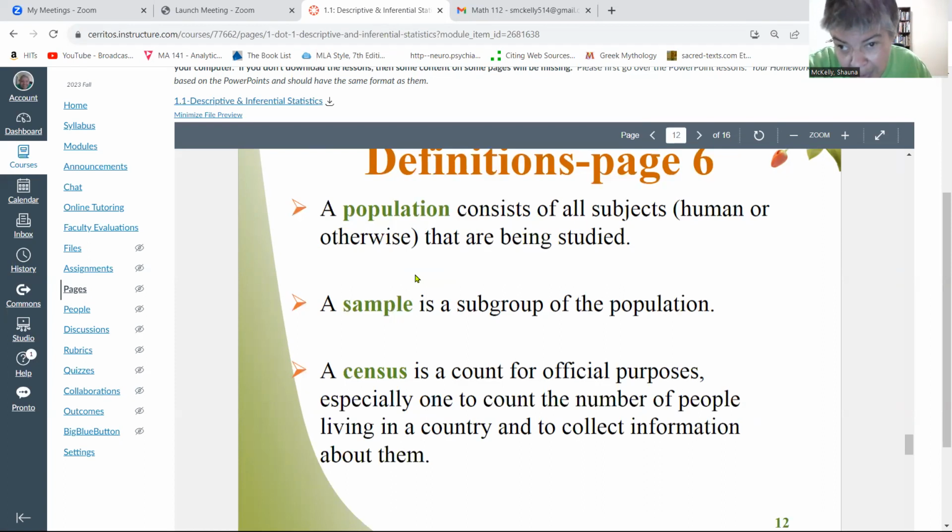Let's just say that. And let's say that for the sake of example, my population is the set of college students in all California community colleges. I'm specifically studying college students in California. That would be my population.